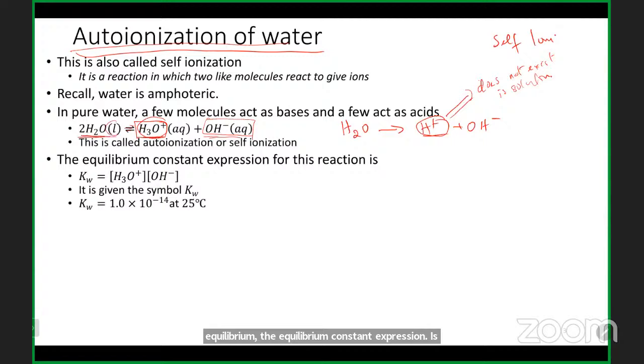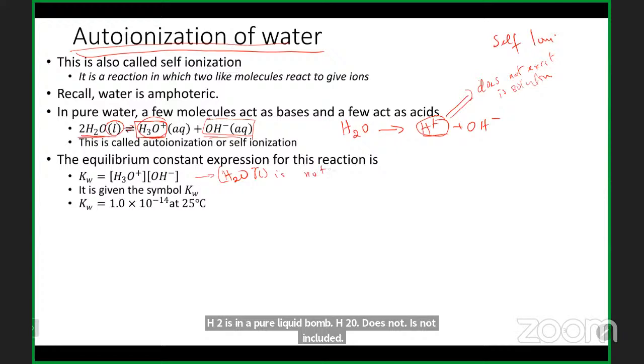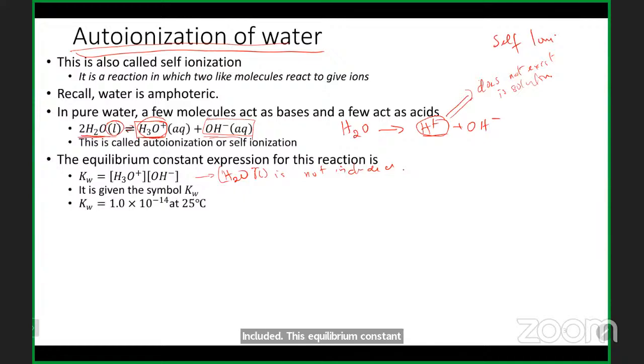Because H2O is in a pure liquid form, H2O is not included in the expression. This equilibrium constant for the self-ionization or auto-ionization of water is given the symbol Kw.